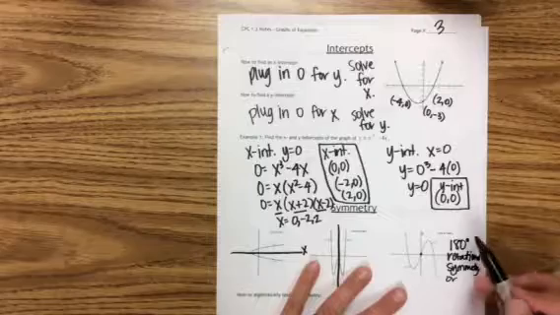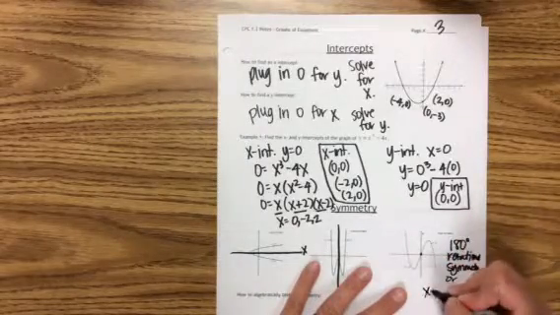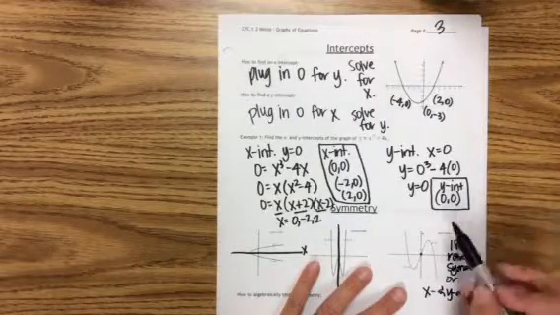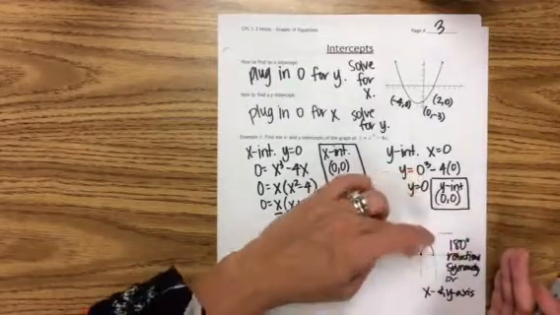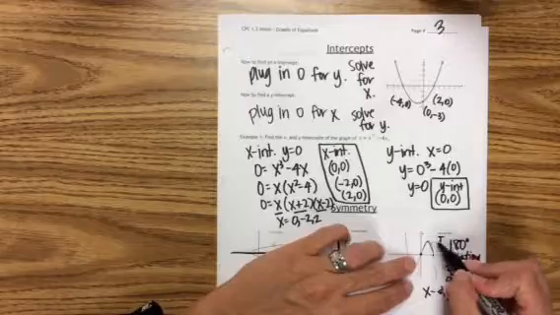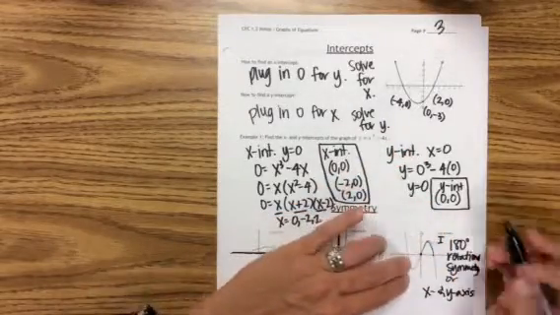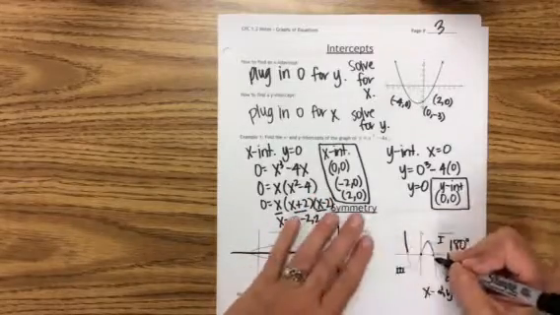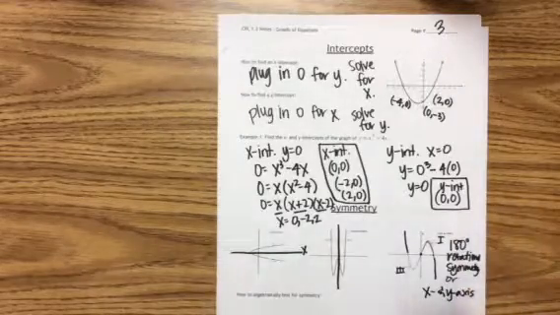Or you can also think about it as it reflects across both axes, so x and y axis. So you would take this, flip it here, and then flip it here. Whatever's in quadrant 1 ends up in quadrant 3. Whatever's in quadrant 2, flip, flip, ends up down here. So a couple different ways to think about origin symmetry.